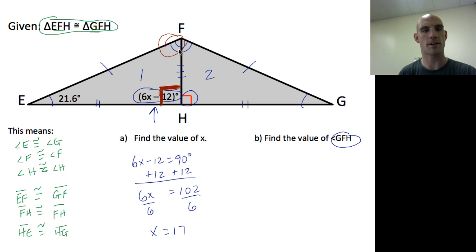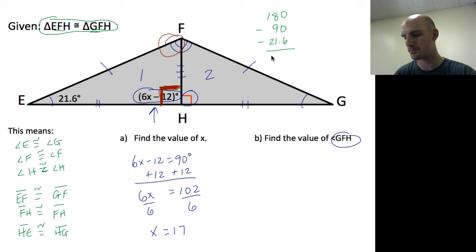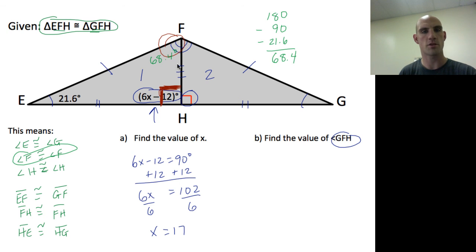The angle up at the top here, angle F in triangle 1, is going to be equal to 180 minus 90 minus 21.6. When I figure that, I get 68.4, which isn't particularly significant, except for the fact that I know that angle F is congruent to angle F, which means that the 68.4 goes over here as well.